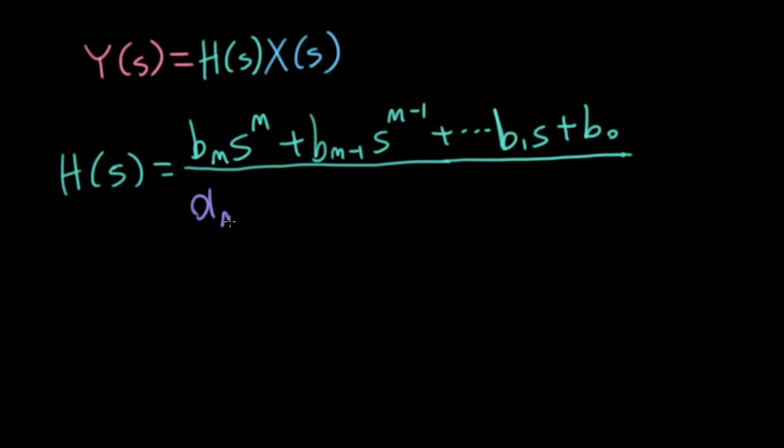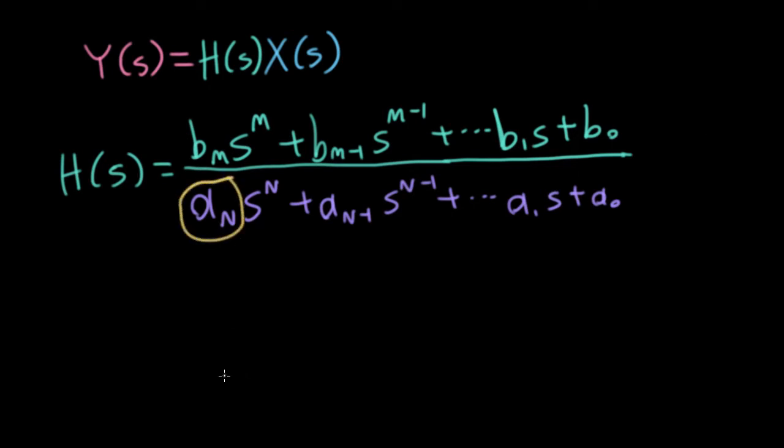And then in the denominator here, let me write a_n s^n + a_{n-1} s^{n-1} + ... + a_1 s + a_0. So I'm writing this fairly generally. Notice we've usually assumed that the coefficient in front of here is a 1, but it doesn't hurt to make it be more general here.